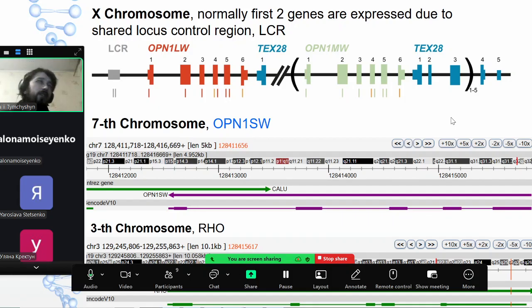I guess TEX means something like testis expressed or something like that, so they definitely don't work in these circumstances, but they are there in the chromosome. And then people may have a few copies of the green opsin gene OPN1MW. Despite that, in most cases just the first two genes are functional, but anyway, that's what we have.